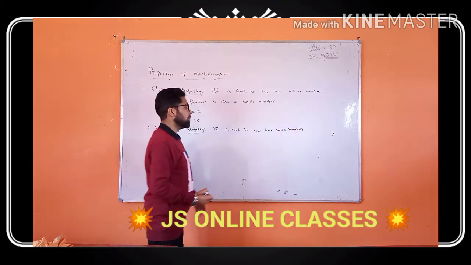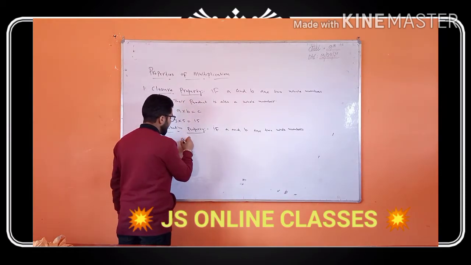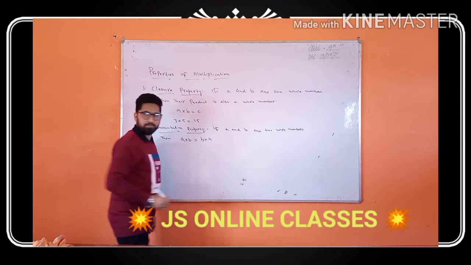If A and B are two whole numbers, then A into B is also equal to B into A.